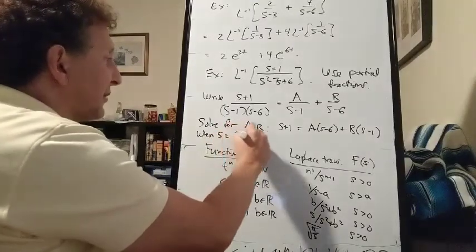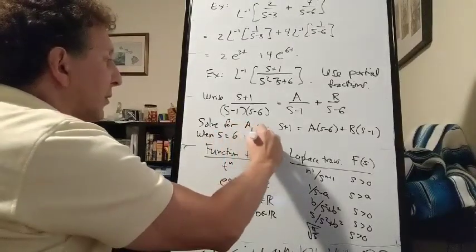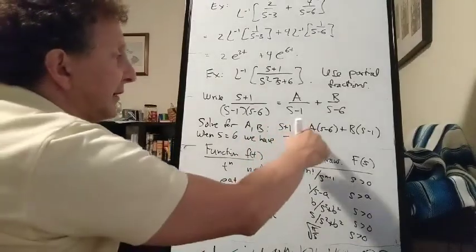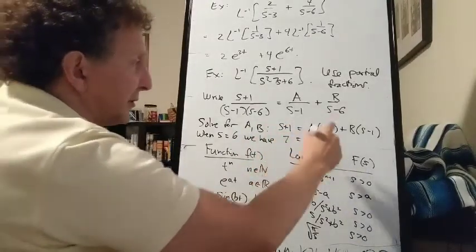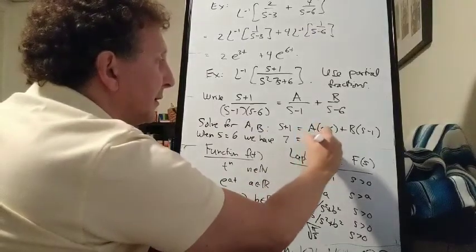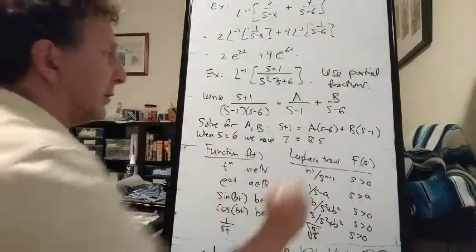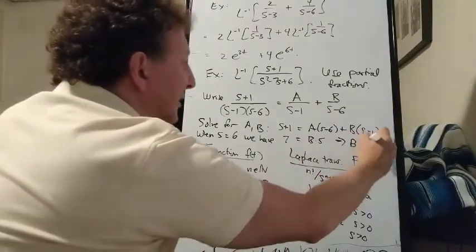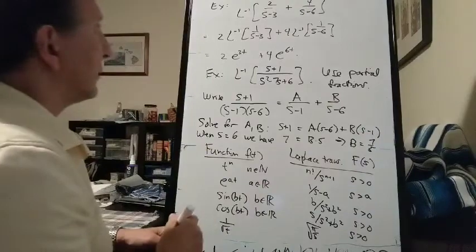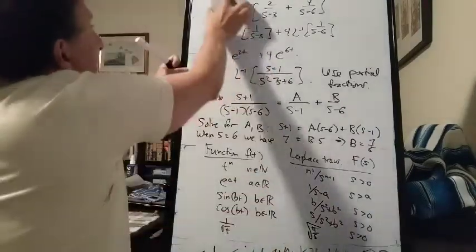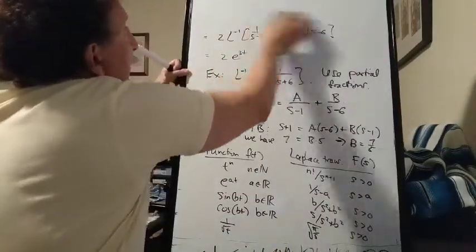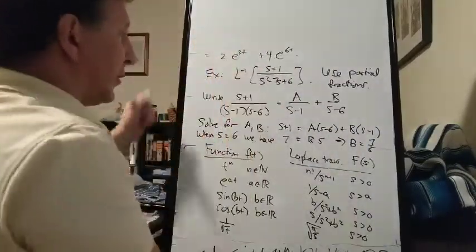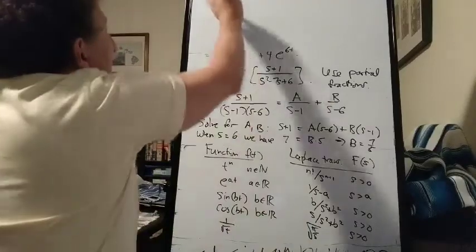So when s equals 6, we have 7 equals a times 0, that disappears, b times 5. So that means that b equals 7/5. And then what happens when s equals 1?